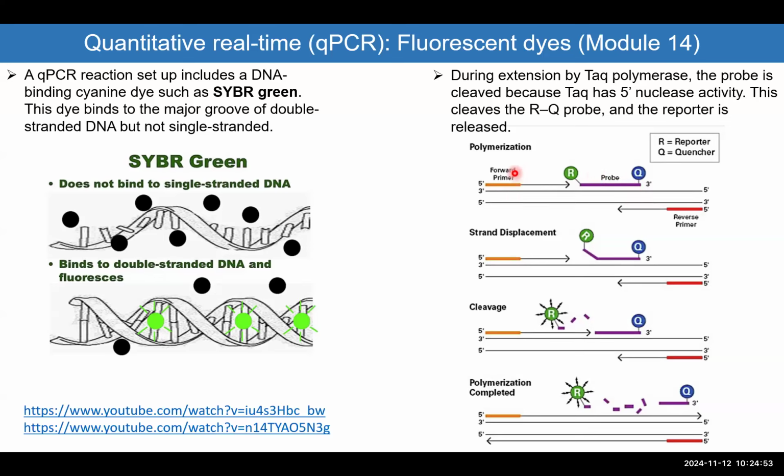And only when the two primers generate the PCR product, the polymerase is going to break the reporter from the probe, and that's how it becomes far from the quencher, and that's how it becomes fluorescently active. And that's when we can detect the fluorescence accumulation.